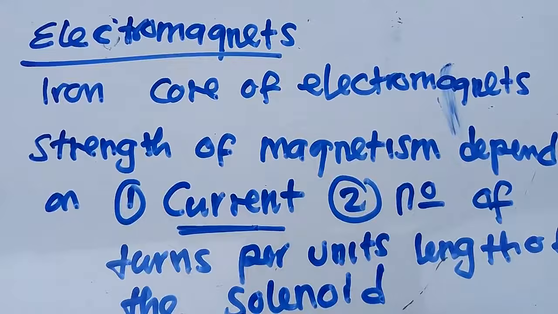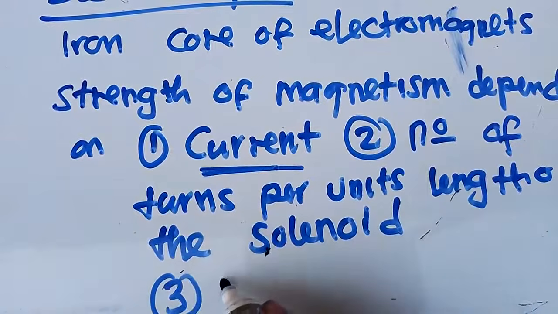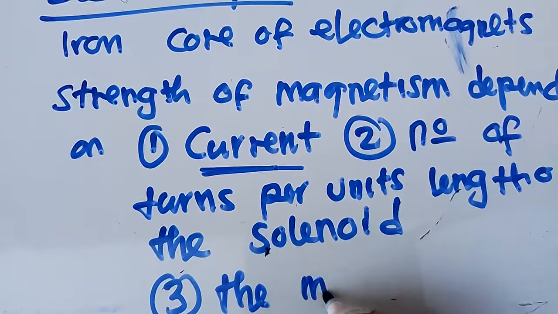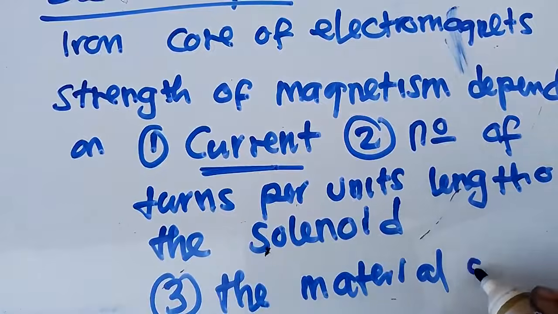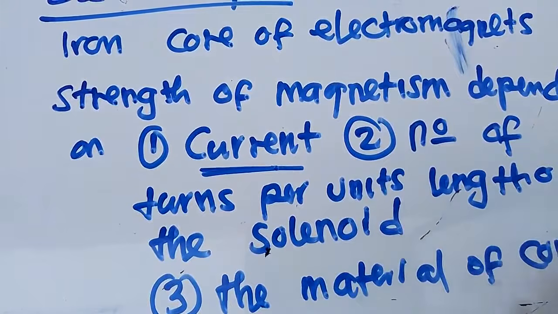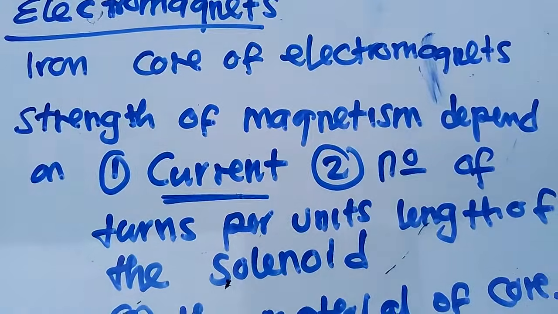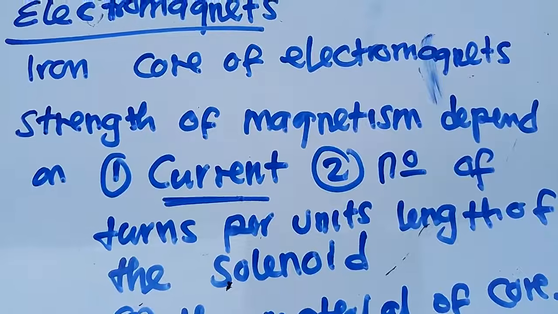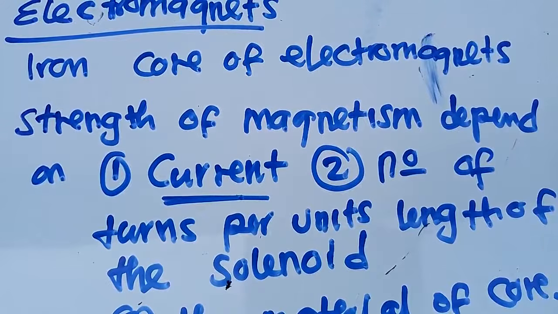Lastly, the material of the core. This is what the strength of the electromagnet depends on. This is all you need to understand, so let's make sure we know this part.